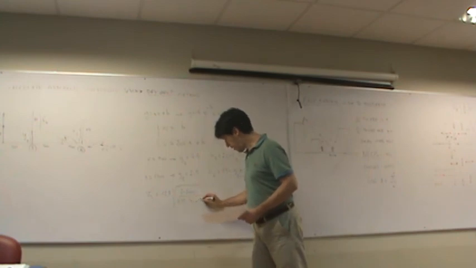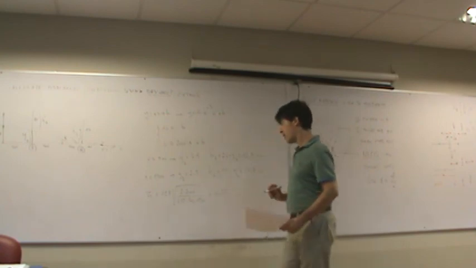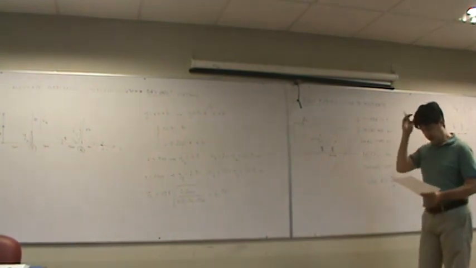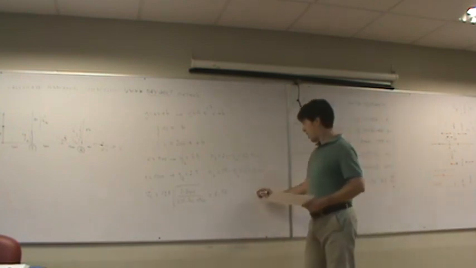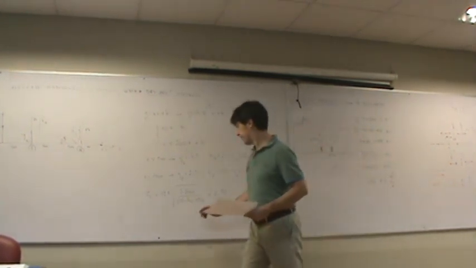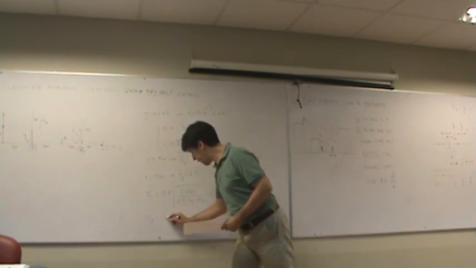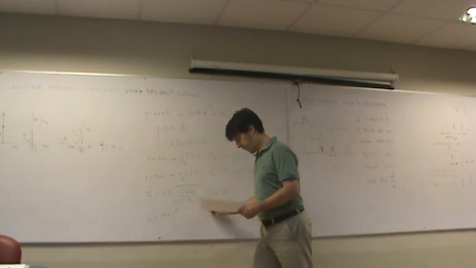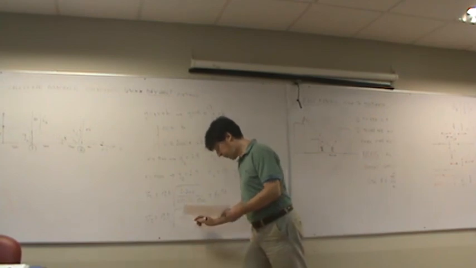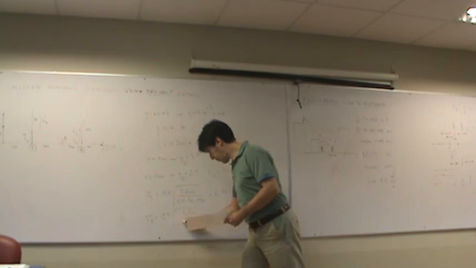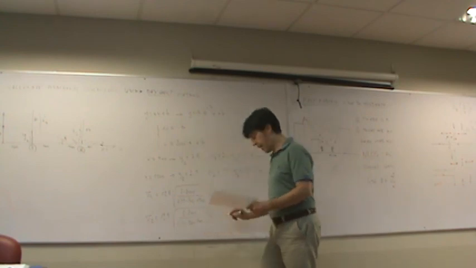Times 500, that gives 1.58. This is the first Fresnel-Kirchhoff parameter. And then we calculate the second one. And we discover, to our surprise, they are exactly the same.